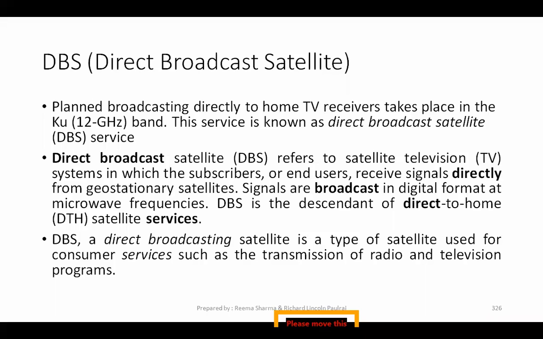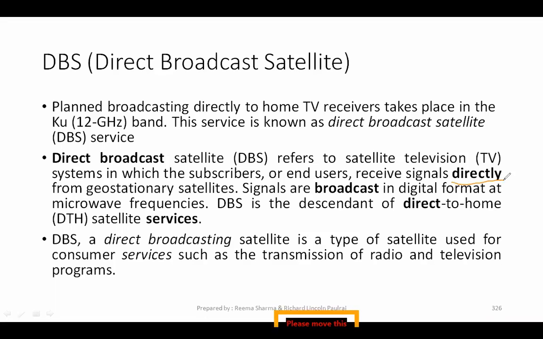Okay, so direct broadcast satellite refers to satellite TV systems in which the subscribers or end users receive signals directly from geostationary satellites. Okay, so that's a very important point: you receive information how? Directly.